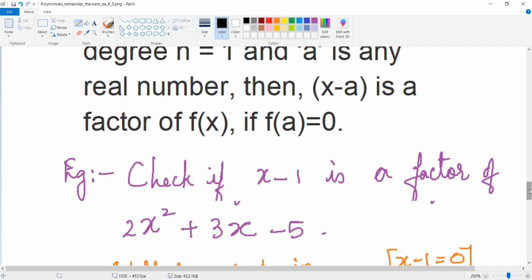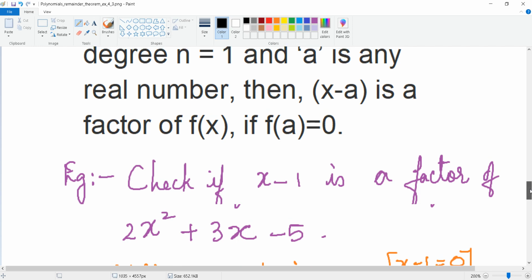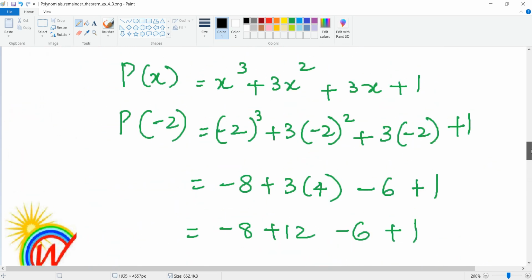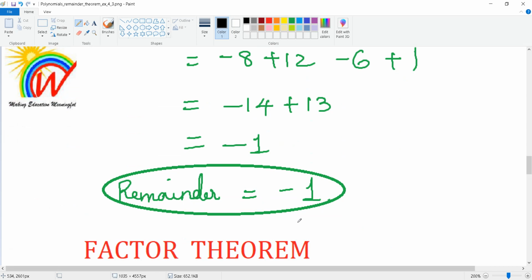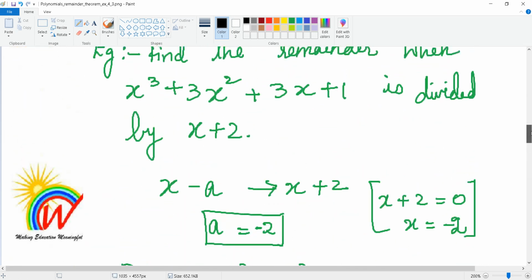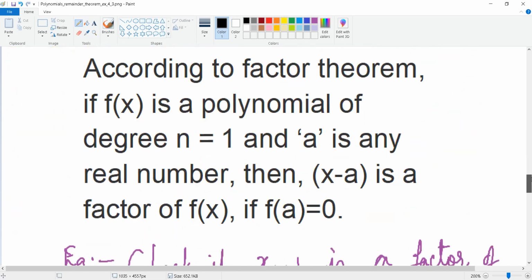Okay, if it's not 0, then it is not a factor. Like in the previous question, we got the remainder as minus 1, right? So that particular term, that is x plus 2, is not a factor of x cube plus 3x square plus 3x plus 1.